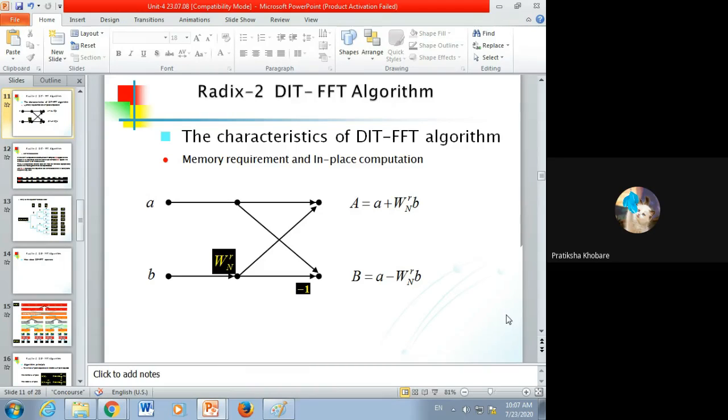How many butterflies are there in one stage? 4 butterflies are there. And one butterfly requires how many memory locations? 4. And in one stage, we have 4 butterflies. So 4 into 4, it is 16. Right?